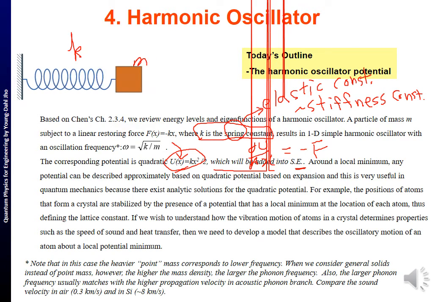Also, around the local minimum, any potential, here meaning any arbitrary potential, can be described approximately based on a quadratic potential. We will discuss more in later slides.